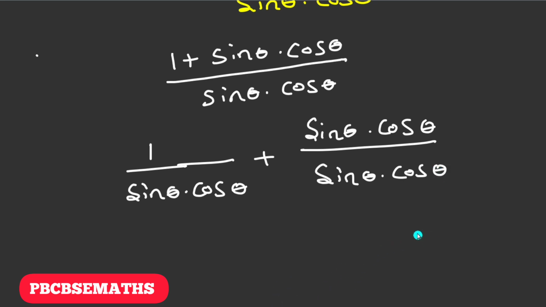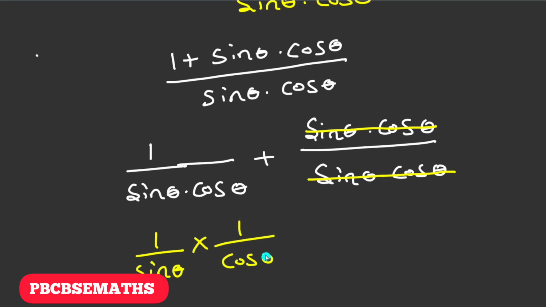Here we can cancel this sine theta and cos theta. Then here this part can be written as 1 by sine theta into 1 by cos theta. Plus here we are left with 1.